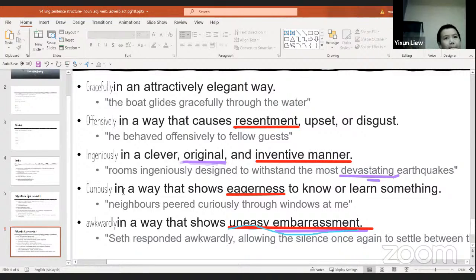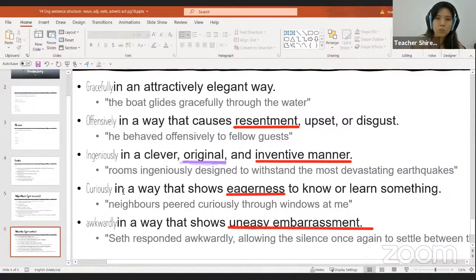Curiously, means you want to know something. It's like eager. Eager is very much you want to know. It's very curious. Eager is like I want to know what you're thinking. Tell me. That is pretty eager to know or very curious. So the neighbors peers curiously through the window. It's like, hey, I'm curious what they're doing inside, so I'm gonna peek. So that is like peeping.